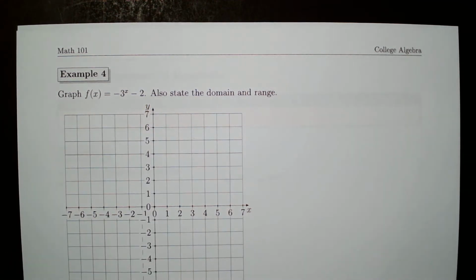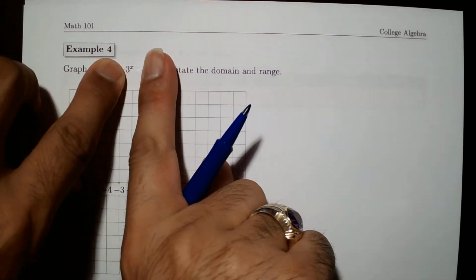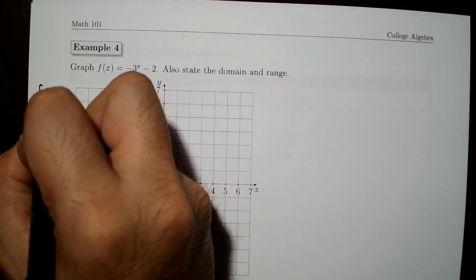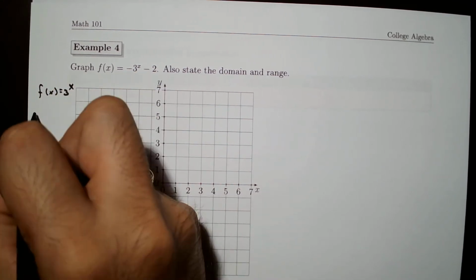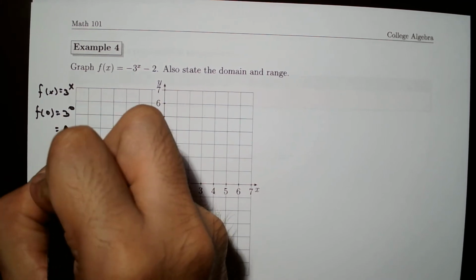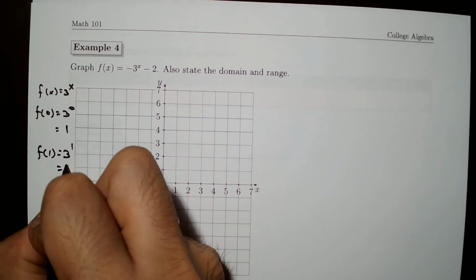Now this negative sign in the coefficient of the exponential term is going to change the whole game here. First of all, let's pretend we don't have that negative and we don't have that -2. So we're essentially graphing f of x equals 3 to the x, in which f of 0 equals 3 to the 0, which equals 1, and f of 1 equals 3 to the first power, which equals 3.